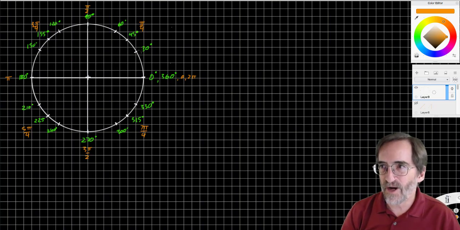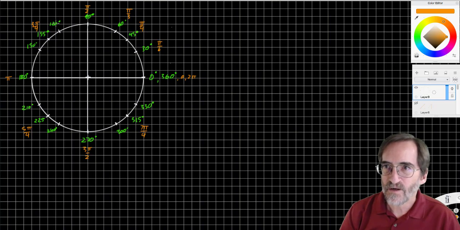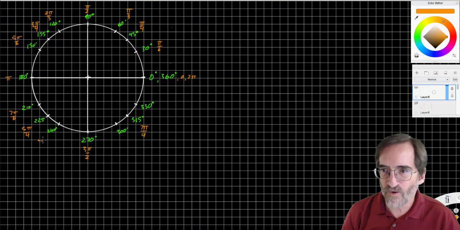And then count off by pi over 6. Pi over 6, 2 pi over 6, which is pi over 3, 3 pi over 6, 4 pi over 6, which is 2 pi over 3, 5 pi over 6, 6 pi over 6, 7 pi over 6, 8 pi over 6, which is 4 pi over 3.